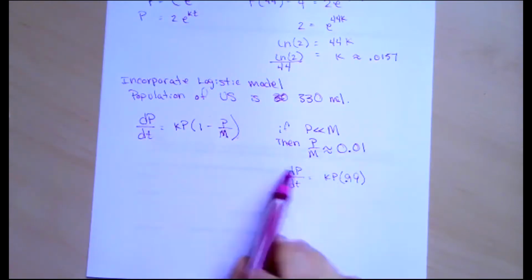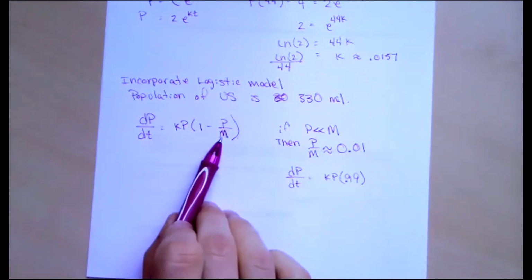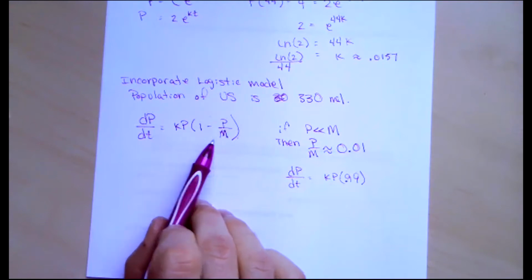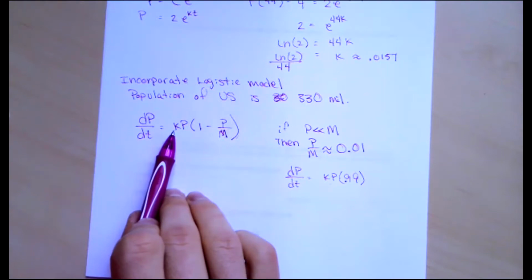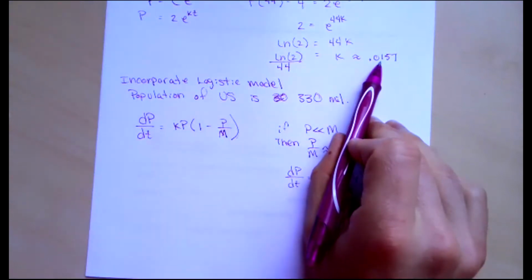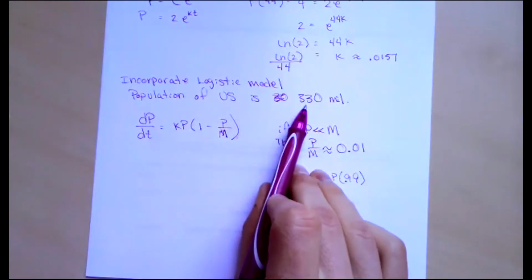So now with this extra factor in here, it models our carrying capacity. And so what we want to do is now solve this. We know our K is 0.0157, and our carrying capacity is 330 million.